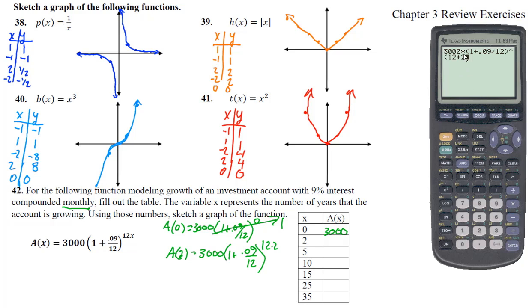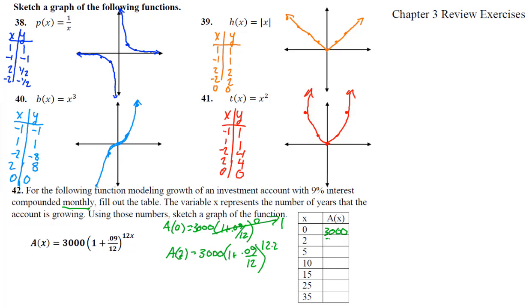Now remember, make sure that 2 is in the parentheses up top, otherwise it'll take it to the exponent of 12 and then times the whole result by 2, and we'll get something different. We end up with 3,589.24. And you'll notice in the first 2 years, whoever this was made about $589 there.